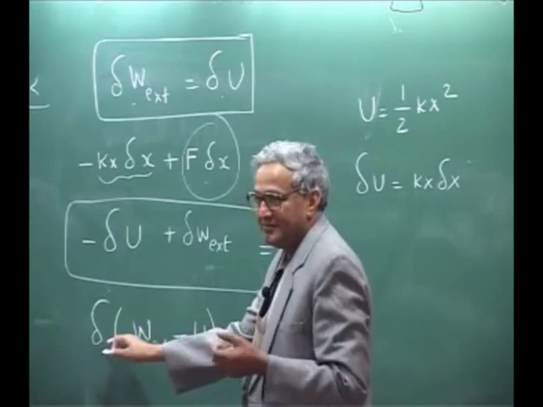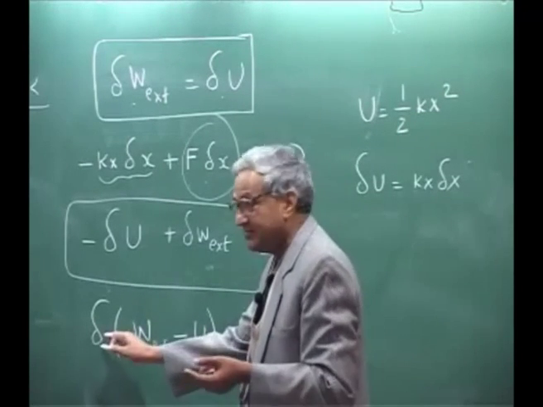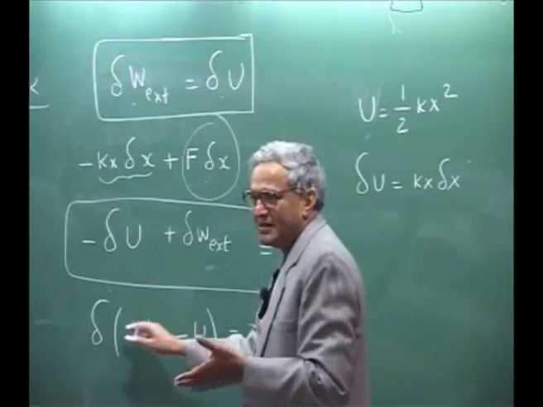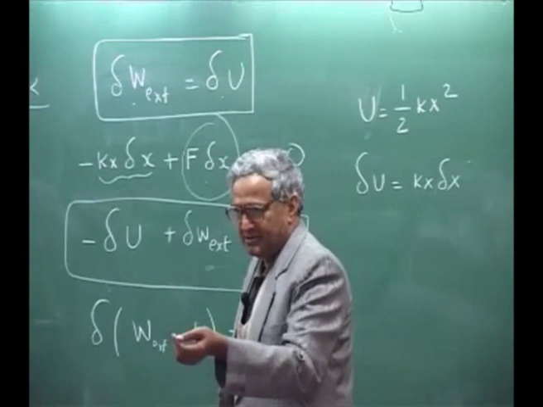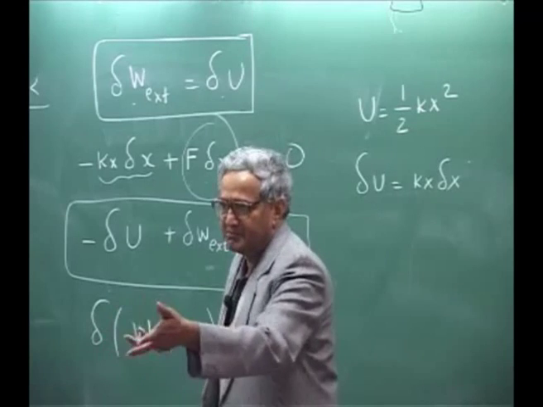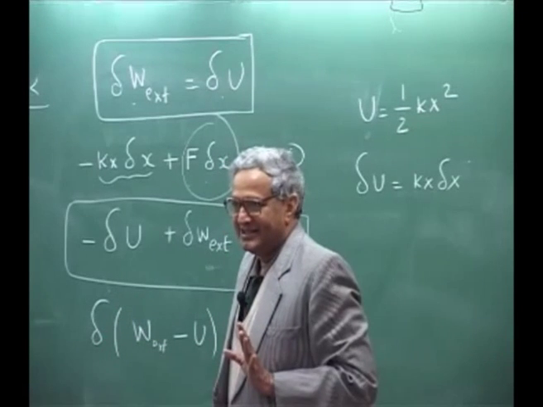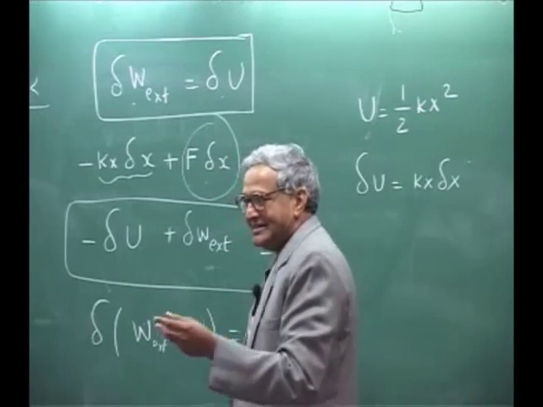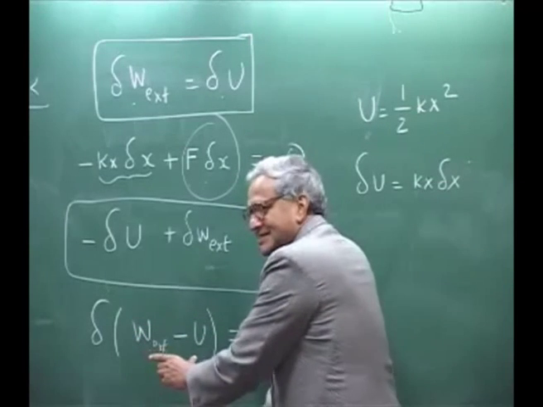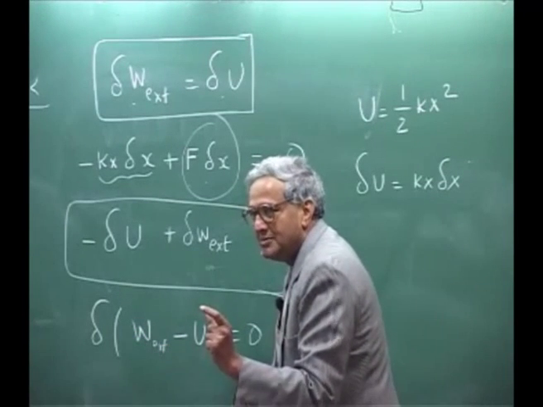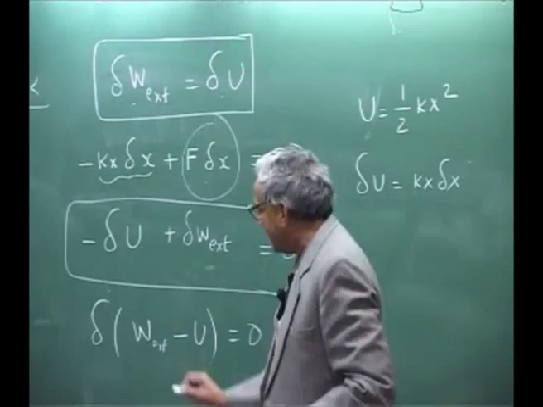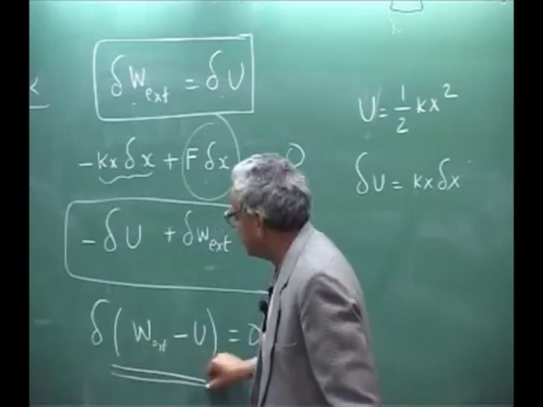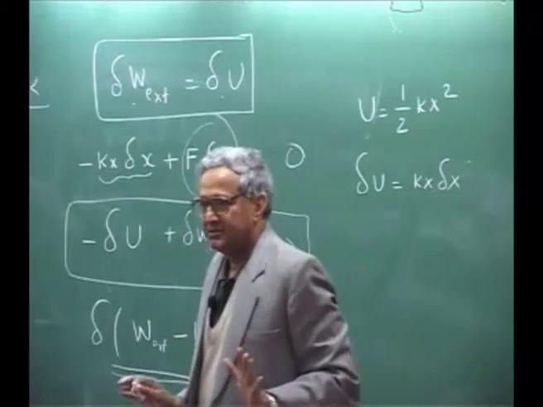And first variation is 0. This is a function. First variation 0 means first derivative equal to 0, it's a maxima or minima, right? So generally people say this is the principle of minimum potential energy, and you define this as the potential energy of the system.